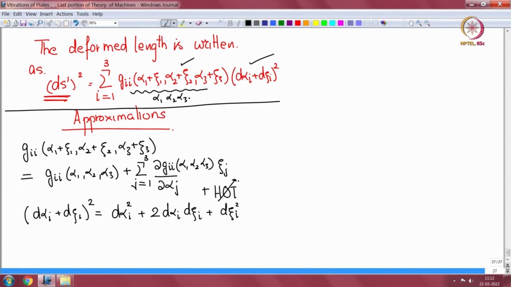We have to accept that the d xi i is much smaller than the d alpha i. The coordinate change from an existing coordinate is much smaller than the original differential element. So d xi i squared we drop in comparison. Okay. So these are the two approximations at this stage.